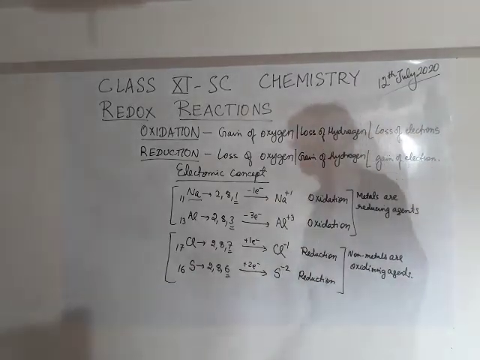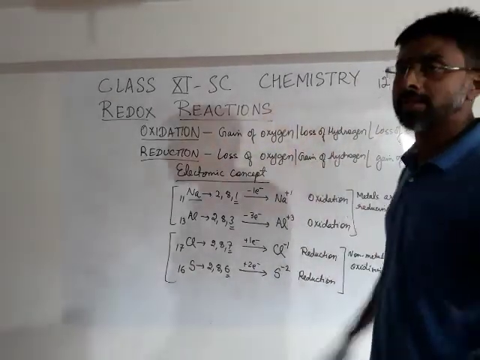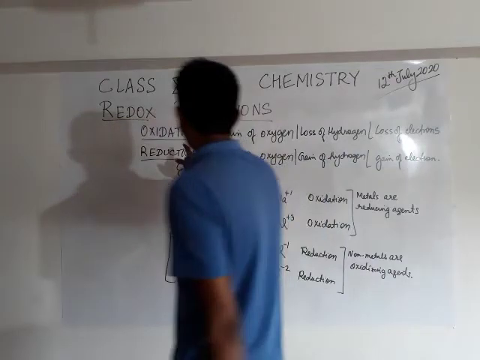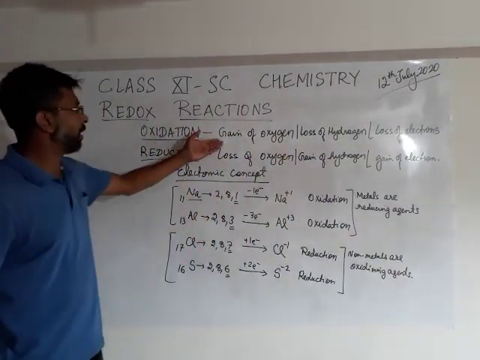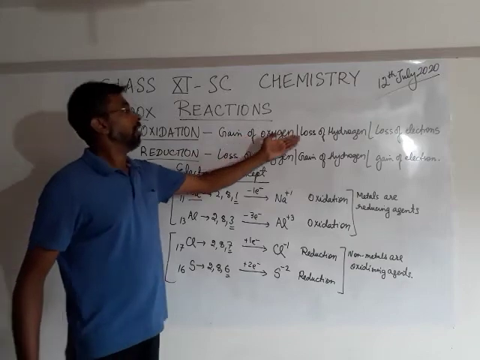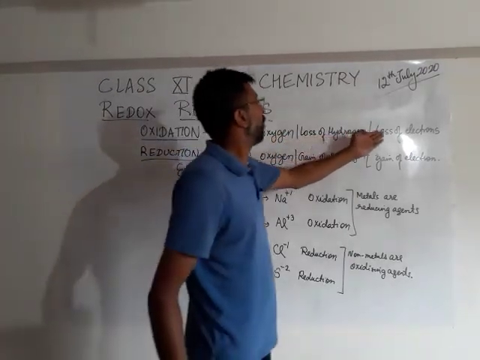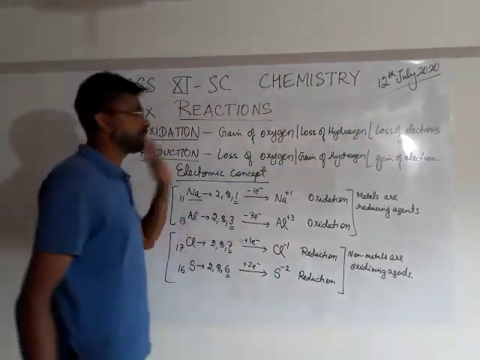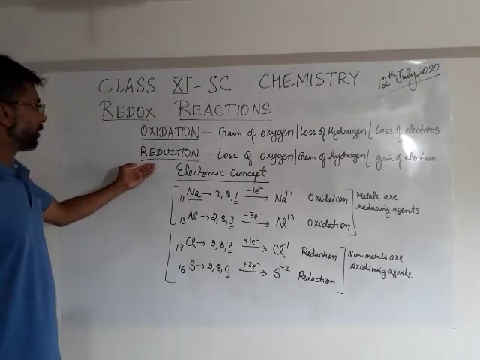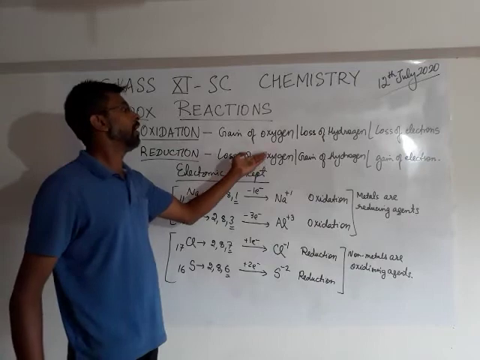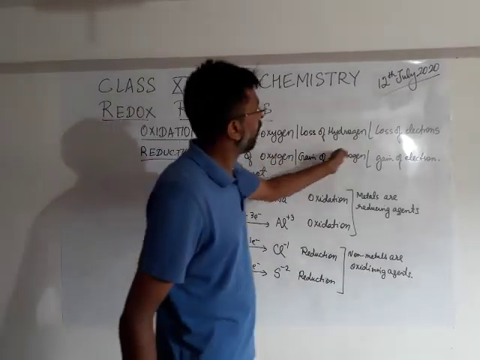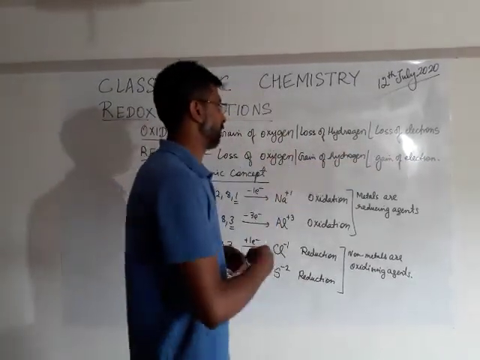In this chapter, redox reactions, the first thing you must understand is oxidation and reduction. Oxidation is gain of oxygen or loss of hydrogen or loss of electrons. Reduction is loss of oxygen or gain of hydrogen or gain of electrons.